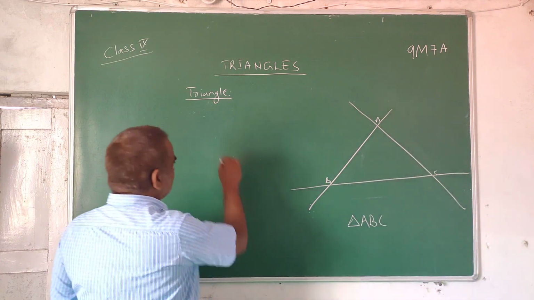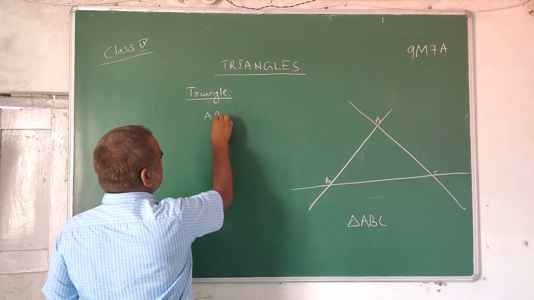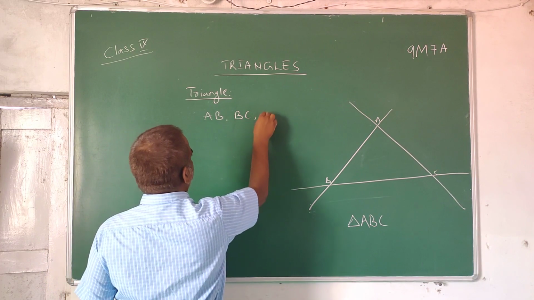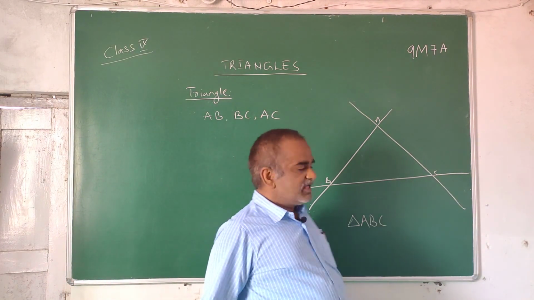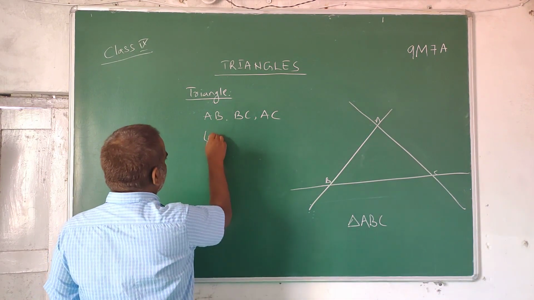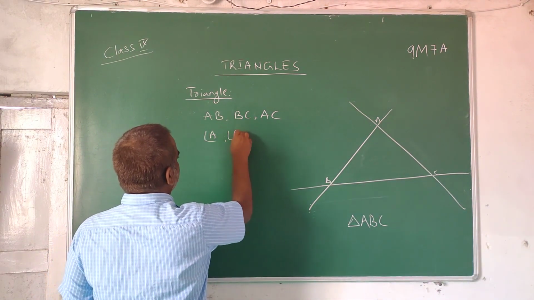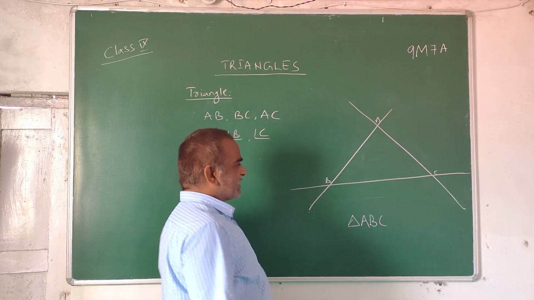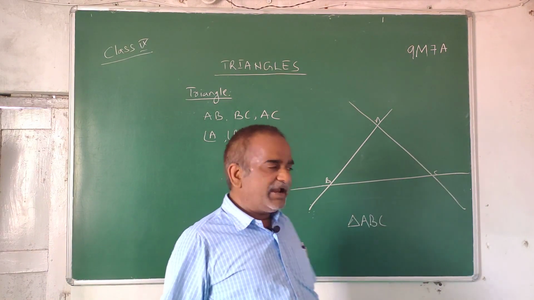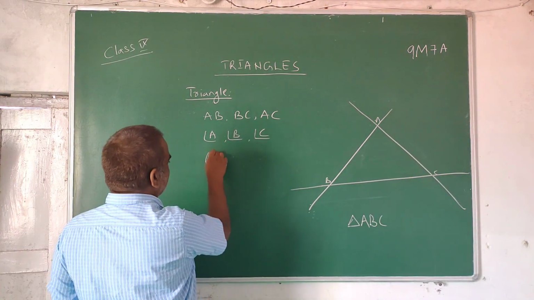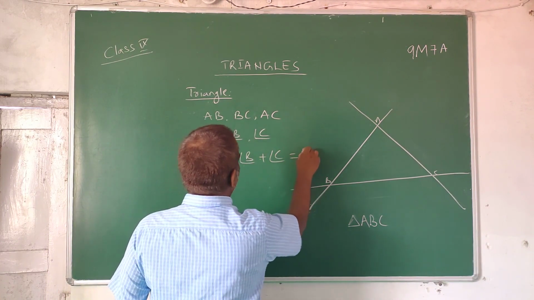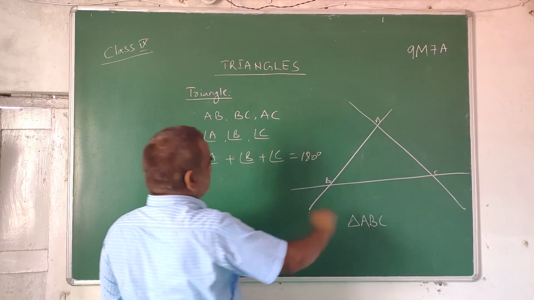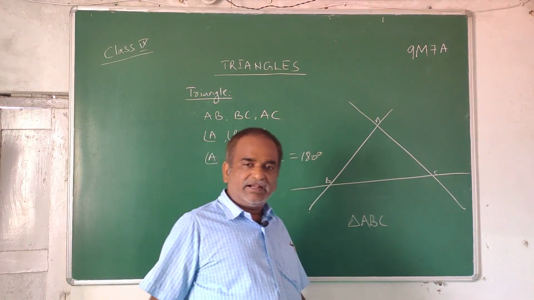Now here AB, BC, AC are called the sides of the triangle, and angle A, angle B, angle C are called the angles of the triangle. And as you know, angle A plus angle B plus angle C is equal to 180 degrees. So this is about the triangle.